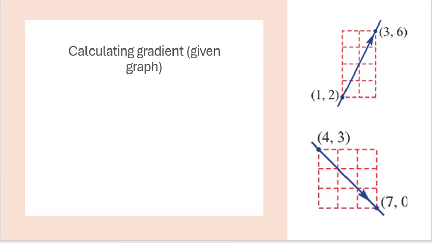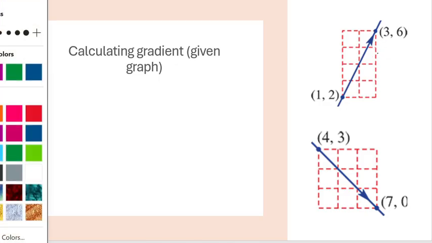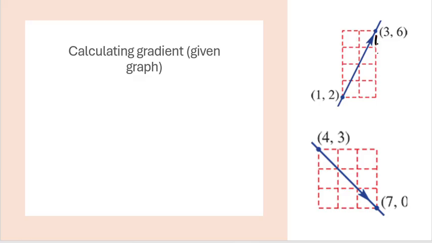Now, let's just do an example. Calculate the gradient given the graph. So they've given you two coordinate points: 3, 6 and 1, 2. What I'm going to do is make a triangle. Then you ask yourself, what is the rise?